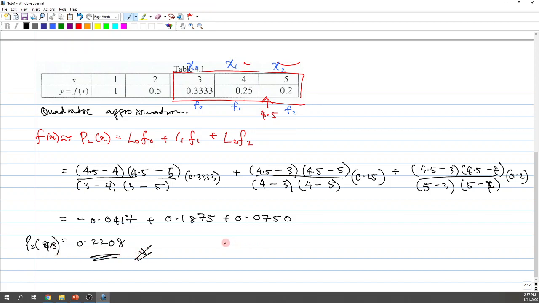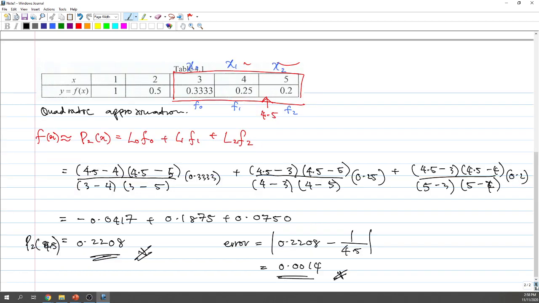Don't forget about the error. So the absolute error is 0.2208 minus 1 over 4.5, which is equivalent to 0.0014. So this is the value for the quadratic. If we compare with the linear, which one has the lowest error?